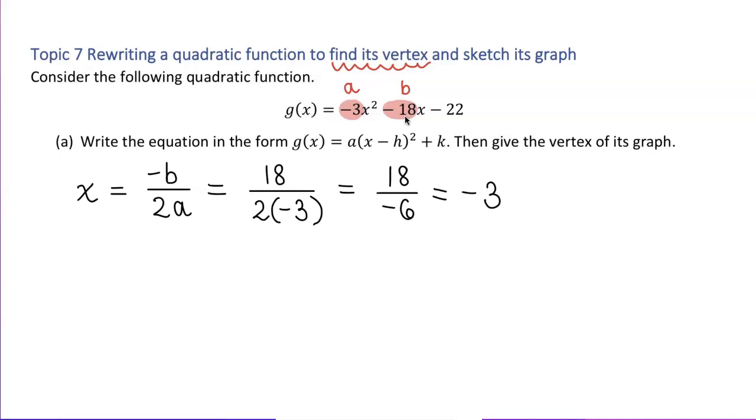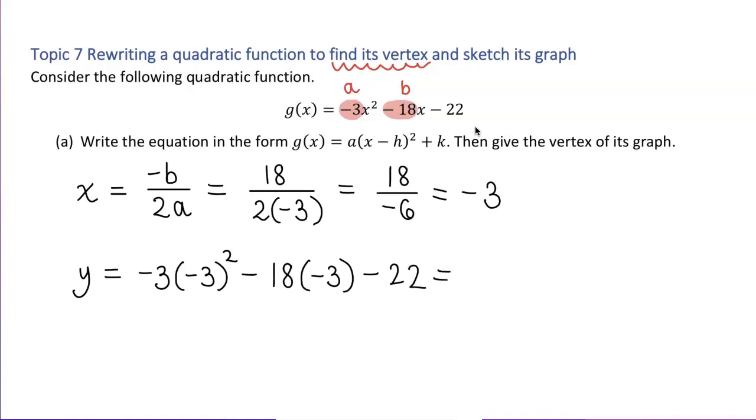Let's find the y-coordinate of the vertex by plugging in that x value back into the function. So to find y, plug in the negative 3 into the quadratic function. So I'm setting up negative 3 times negative 3 squared minus 18 times negative 3 minus 22.